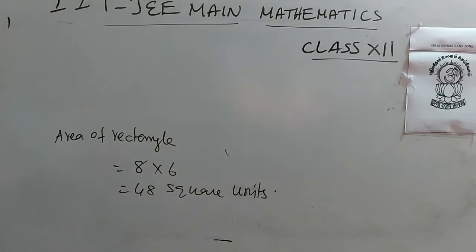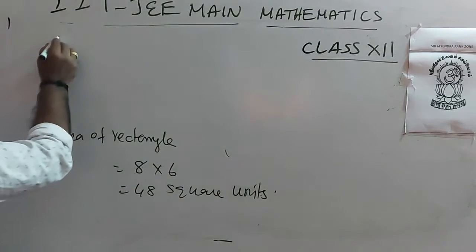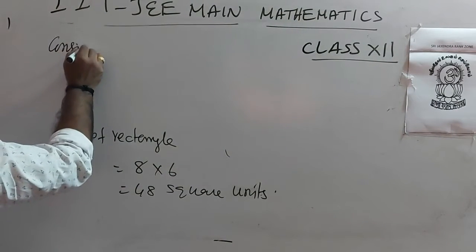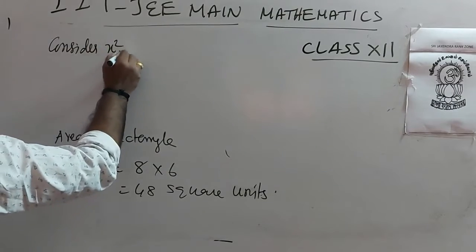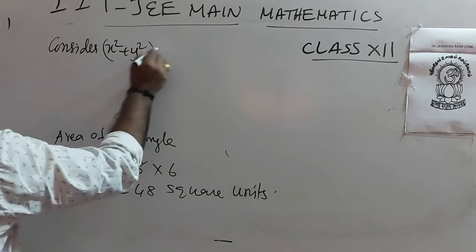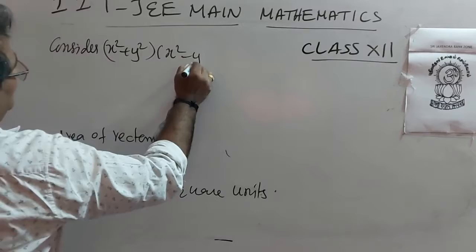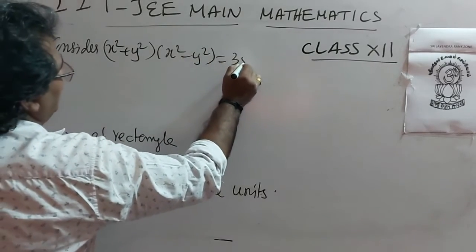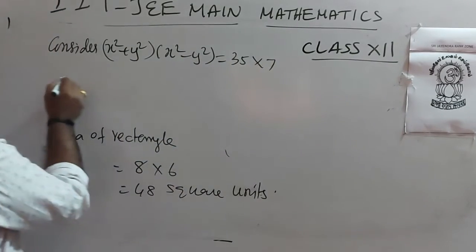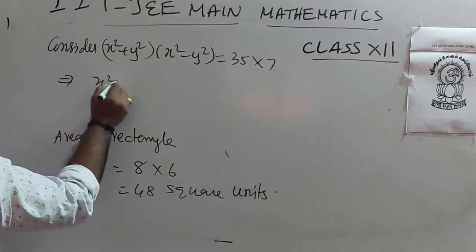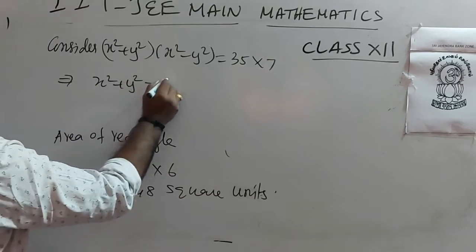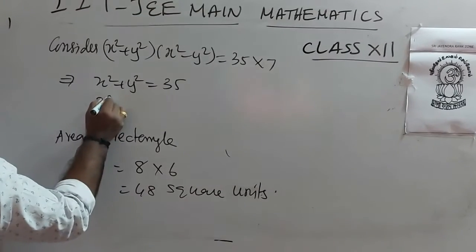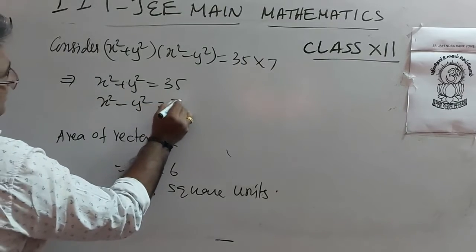So take another case. Consider (x squared plus y squared) into (x squared minus y squared) equal to 35 into 7. In this case, x squared plus y squared equal to 35, x squared minus y squared equal to 7.